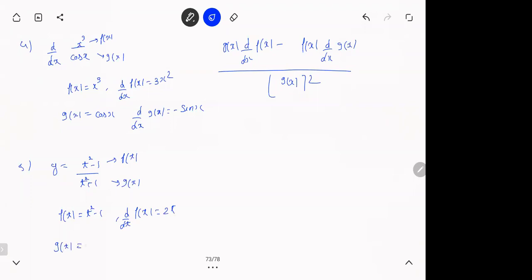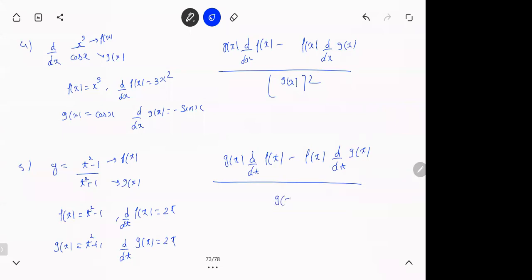G of t is t square plus 1. Differential of g of t is 2t. Again, what is the formula? Same thing. G of t, differential of f of t, minus f of t, differential of g of t, by g of t whole square.